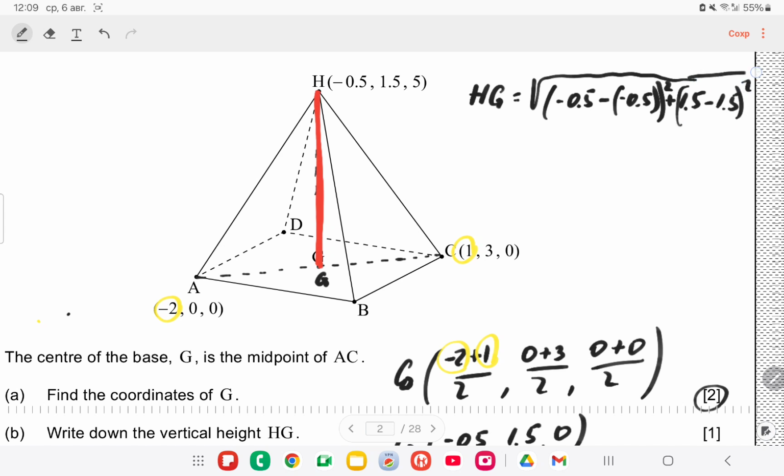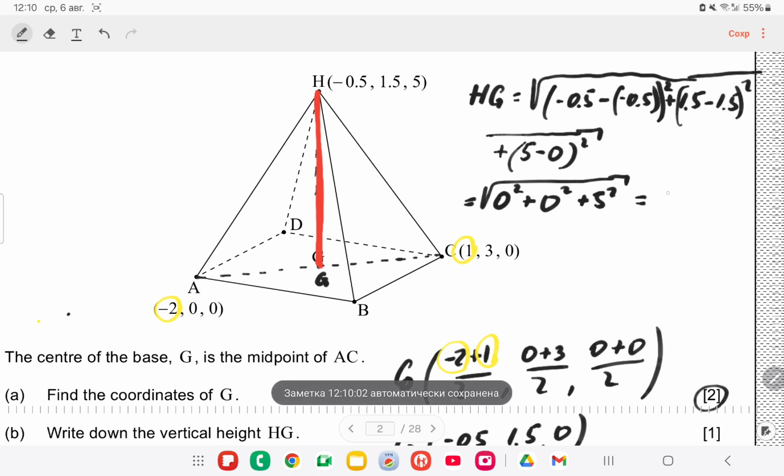Here also squared. Plus 5 minus 0 squared. Okay, so it is 0 plus 0 squared plus 5 squared under the root. So it is the root of 25, which is simply 5.